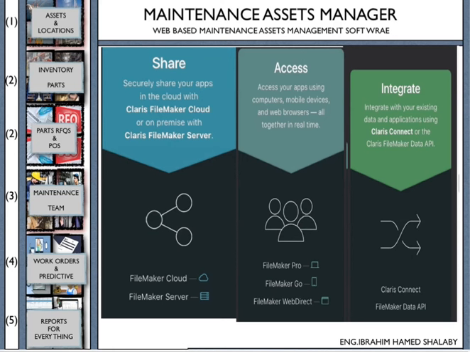Maintenance Assets Manager. Share. Securely share your Maintenance Assets Manager in the cloud with Claris FileMaker Cloud, or on-premise with Claris FileMaker Server. Access. Access your Maintenance Assets Manager using computers, mobile devices, and web browsers, all together in real time.